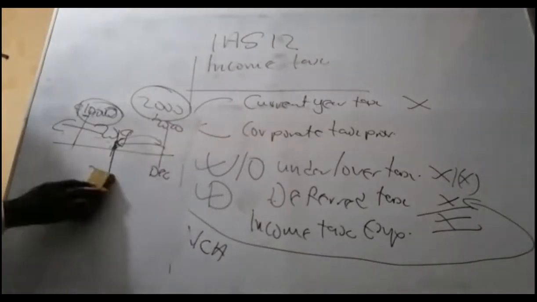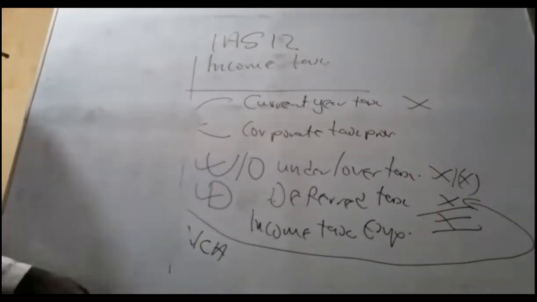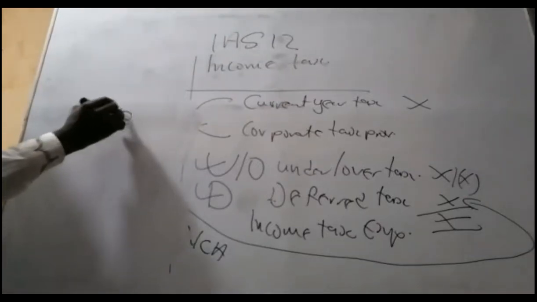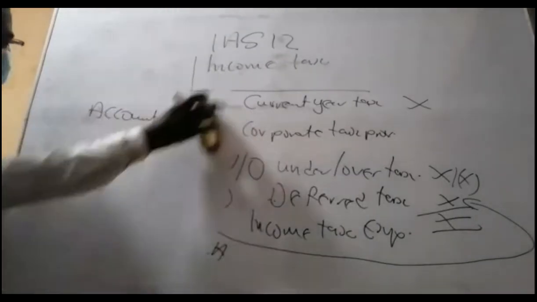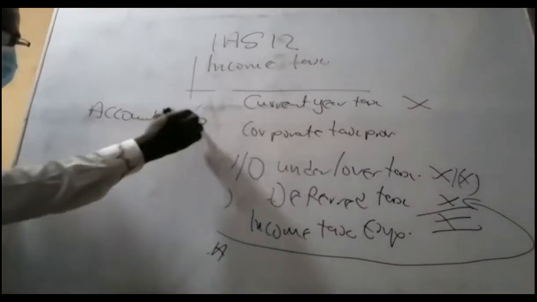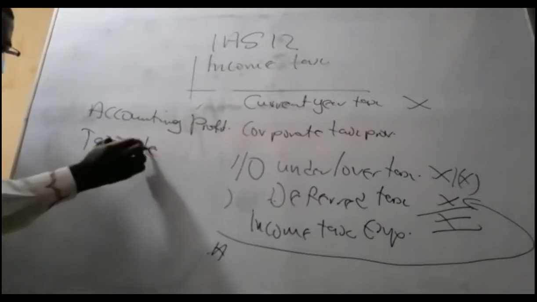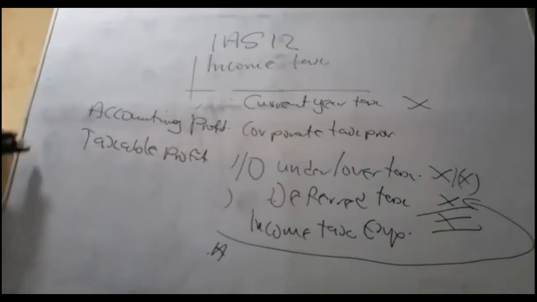There are two types of profits that as soon as we mention deferred tax, we will explain. We have what we call accounting profit and taxable profit. Any difference between them? Accounting profit is a profit recorded in the accounting books by the company using what?